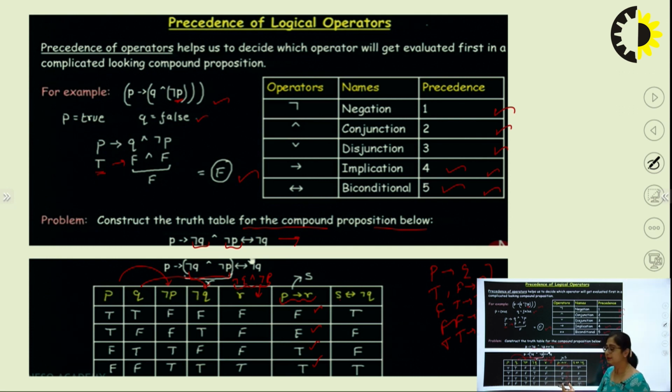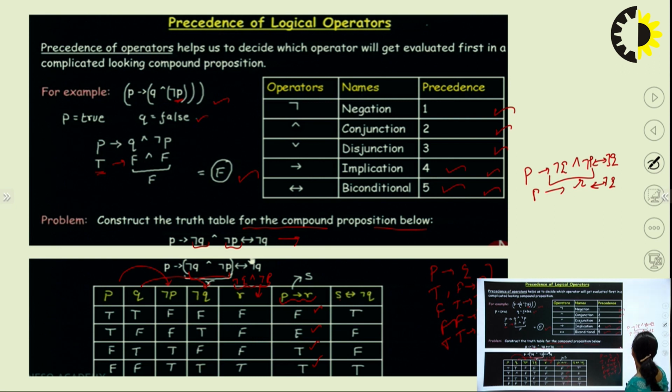P implies this statement is known as the S. So we divide the statement: P, negation of Q, conjunction negation of P, and bidirectional negation of Q. Here we write this is the R, and bidirectional negation of Q. So P implies R, the whole statement will become the S, then we find the bidirectional, because we have to solve any equation step by step.